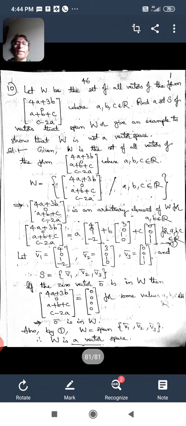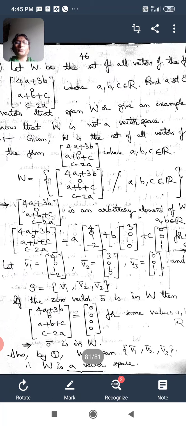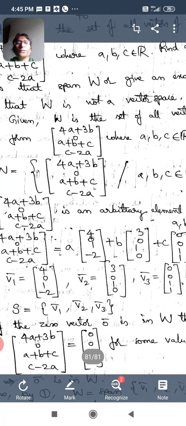This is considered an arbitrary element of W because by substituting different real values of a, b, c, we can get different elements of W. Now consider this arbitrary element and split it into a sum of scalar multiples.